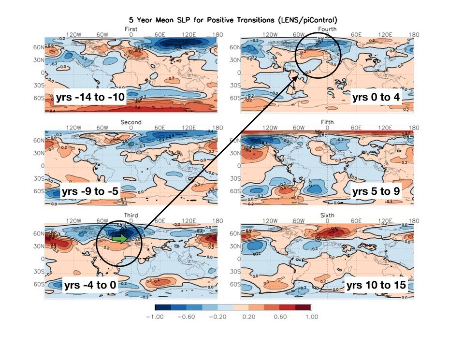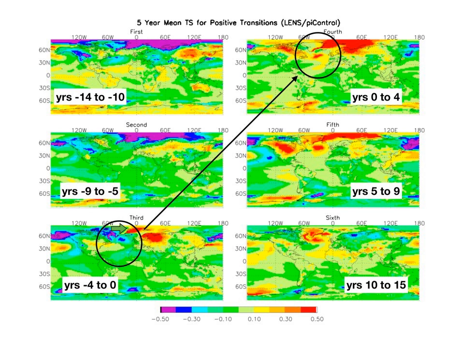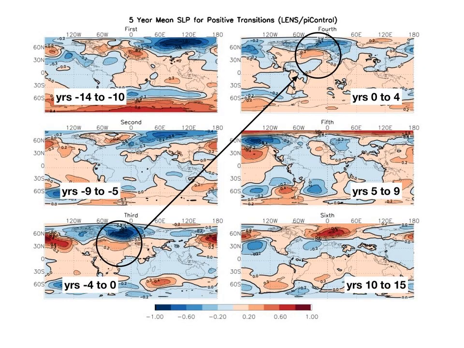After the transition, the positive NAO persists a little bit longer and then dissipates, and at the end we see a negative NAO coming up. So this confirms the lag correlation diagrams that I showed you before, that a positive NAO leads a transition from cold to warm in the subpolar gyre. And I should say, and I'm not going to show it for the sake of time, that the behavior is completely linear. If you look at negative transitions, you see exactly the opposite in both the ocean and in the atmosphere.